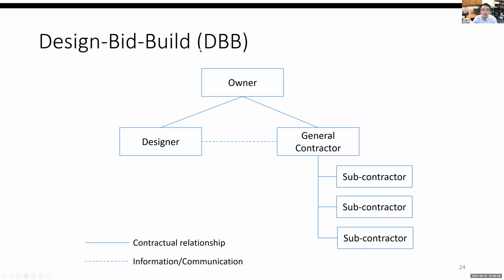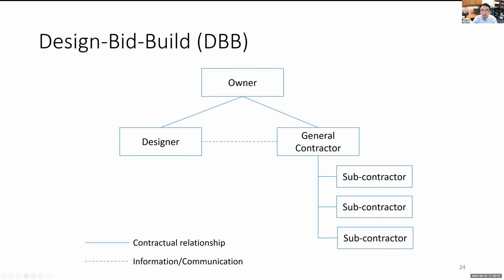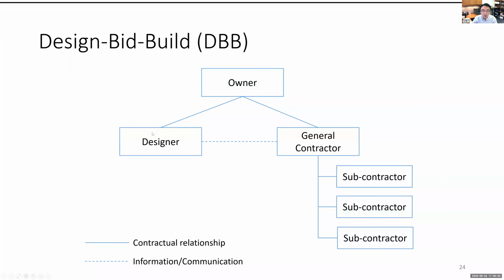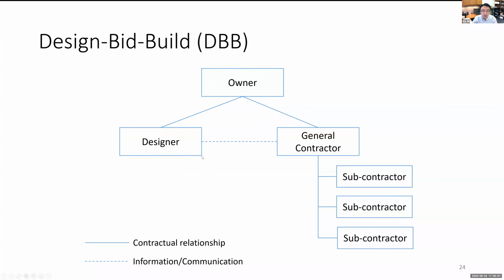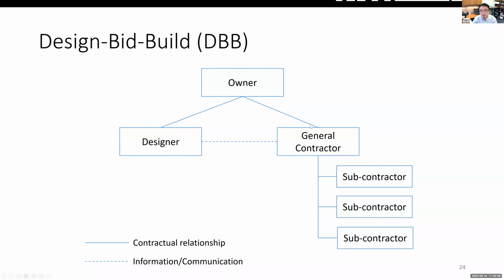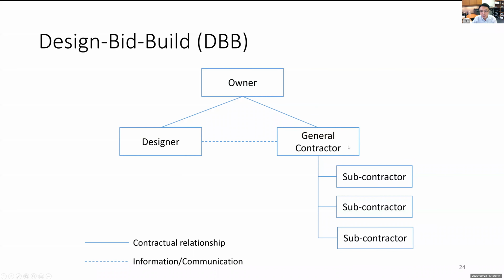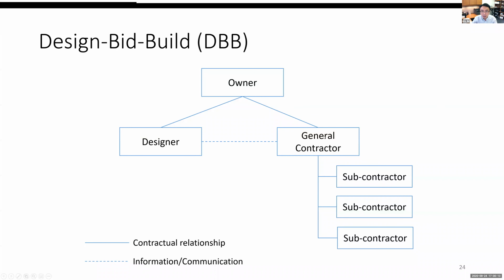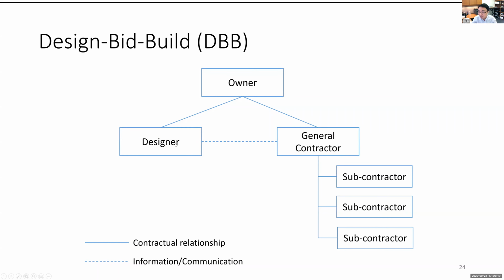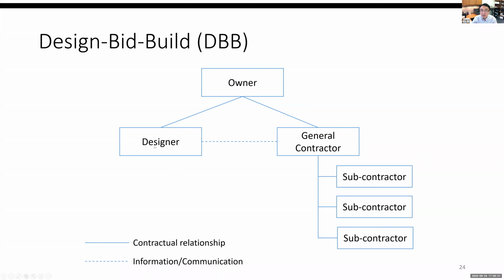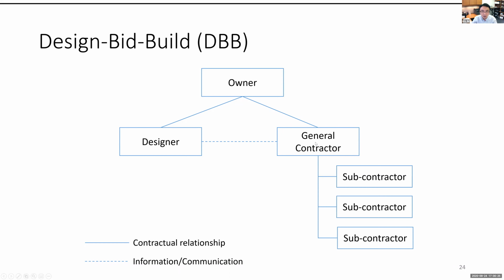So for design-bid-build, or DBB projects, the owner will sign a design contract with the designer. So that's a contractual obligation. And then once design is done, the owner will sign a separate contract with the general contractor. And the general contractor will definitely have a lot of questions about the design, so they will ask the designer, right? But think about this. Is the designer obligated to answer the questions from the general contractor?